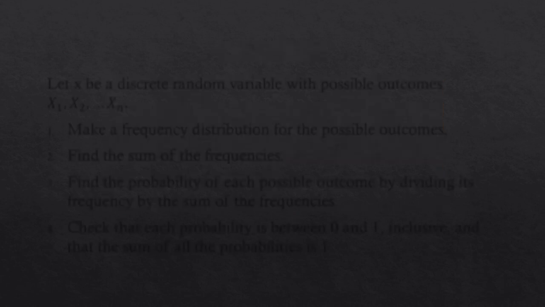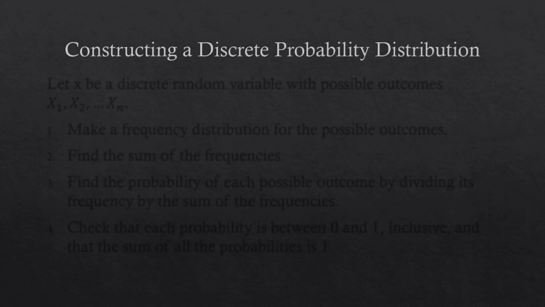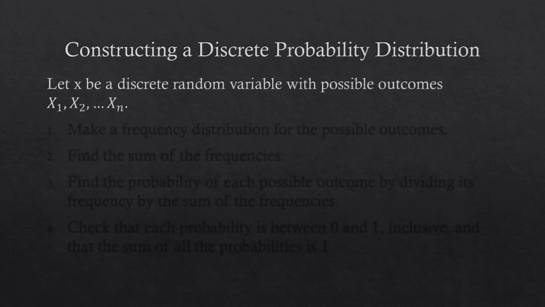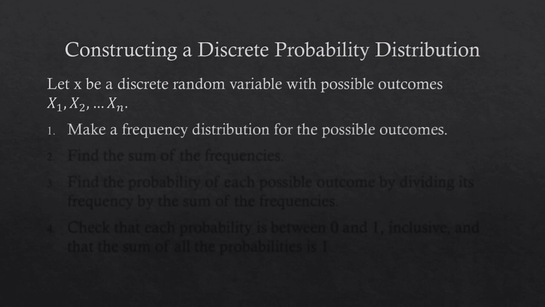There are also methods for you to construct a discrete probability distribution. Let X be a discrete random variable with possible outcomes X sub 1, X sub 2, and so on. First, make a frequency distribution for the possible outcomes.